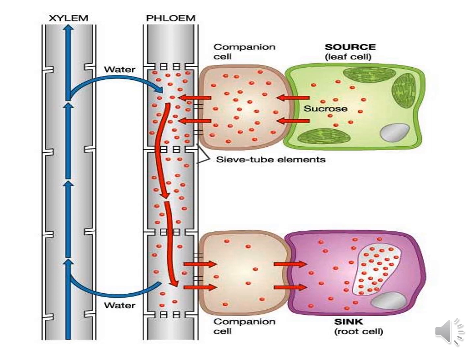This is the second recap of how the pressure flow model in phloem and translocation process takes place. Let's look at it again. We have sucrose produced by source that needs to be transported into the phloem. And before that, this sucrose has to pass through the companion cell.